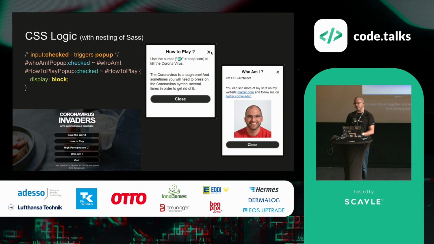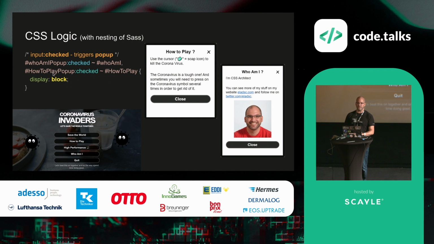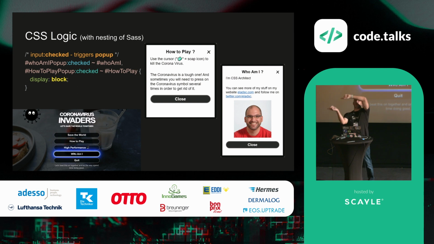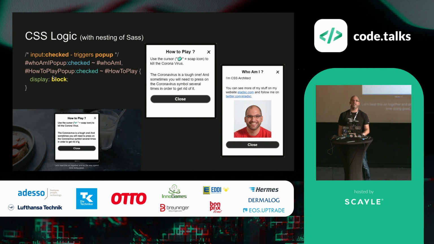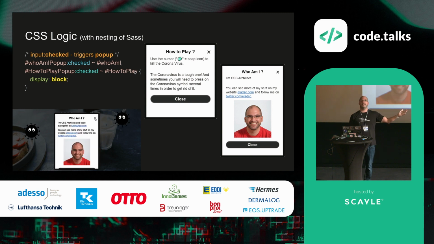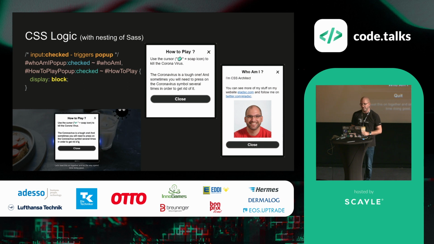And this means that if I click on the X or the close, they both have a for attribute that is connected to the same checkbox. And when the pop-up is open, it's in status of checked. But if I click on this label button, they trigger the checkbox, changing its status from checked to unchecked. And if this checkbox is in the status of unchecked, this selector will stop working, and we will get the display none that we declared in the beginning. And now the pop-up is closed.